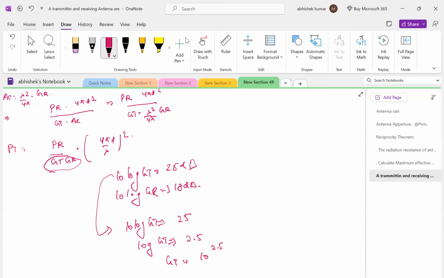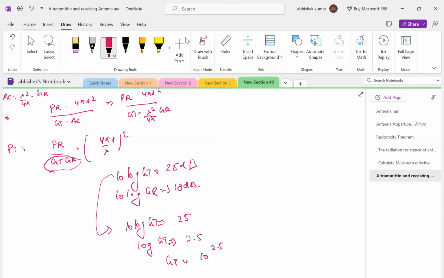I am seeing your question paper, 2015. We have a question: given the radiation resistance of a quarter wavelength dipole antenna is 73, what is the radiation resistance of a quarter wave monopole above a perfectly conductive ground? We also have a frequency synthesizer question.